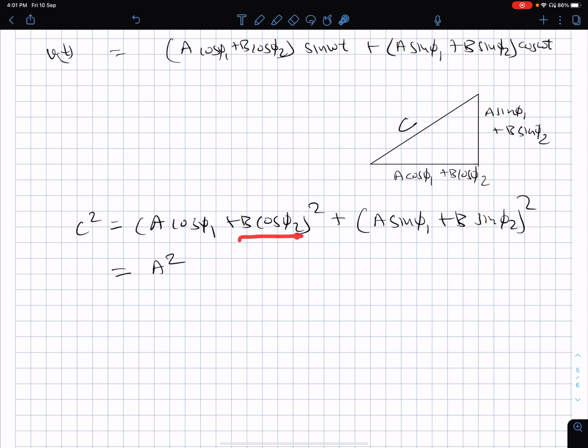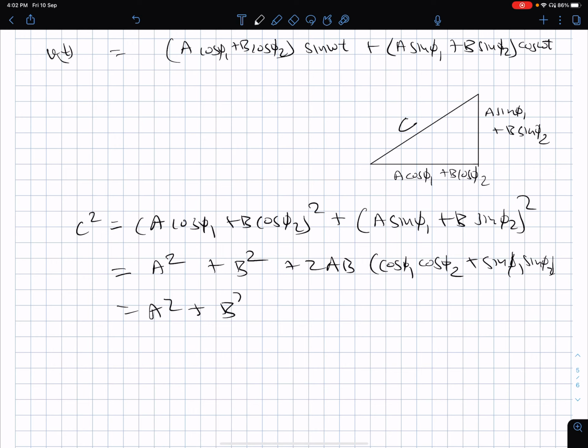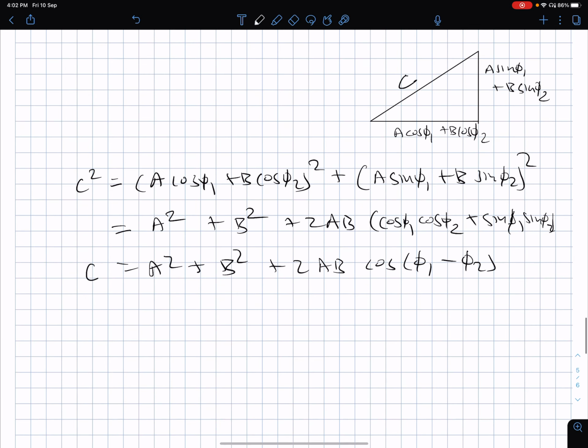B square cos square phi 2 plus B square sine square phi 2 will be B square, plus 2AB times cos phi 1 cos phi 2 plus sine phi 1 sine phi 2, which is equal to A square plus B square plus 2AB cos of phi 1 minus phi 2, which is C square.